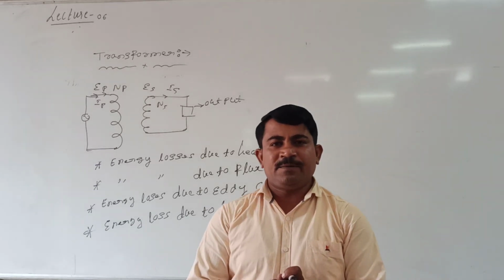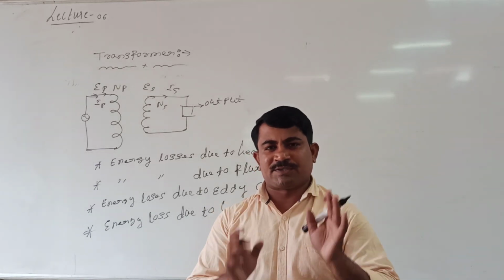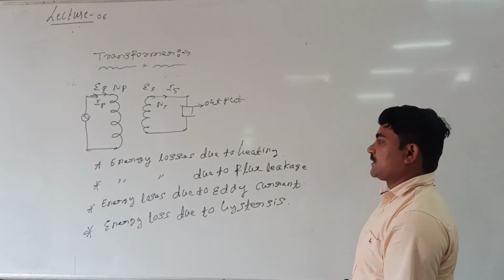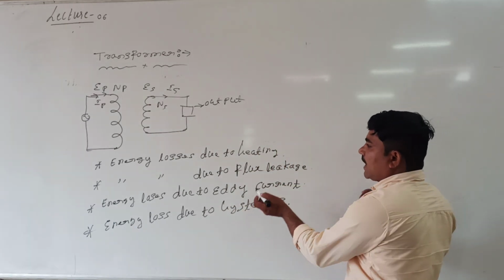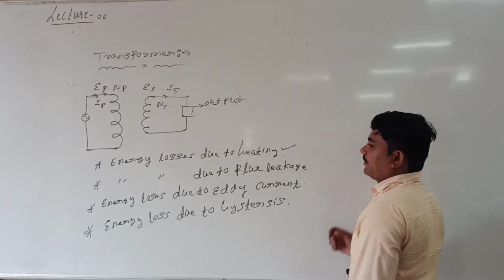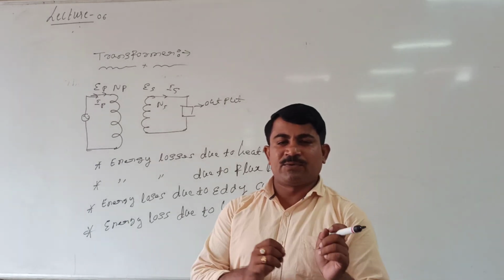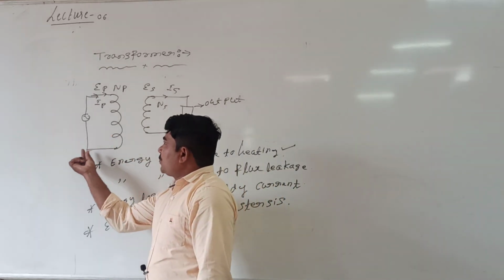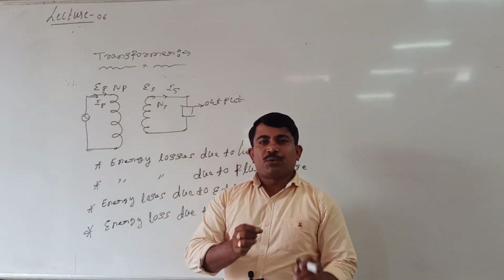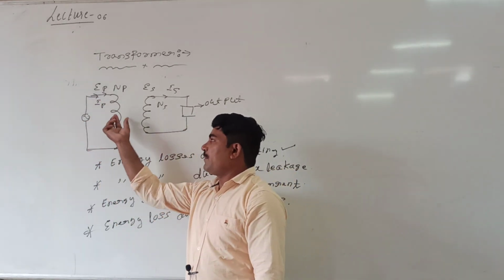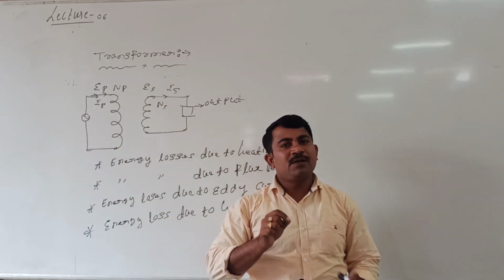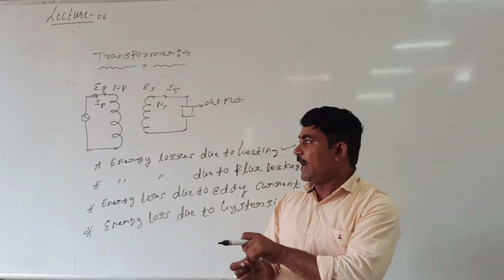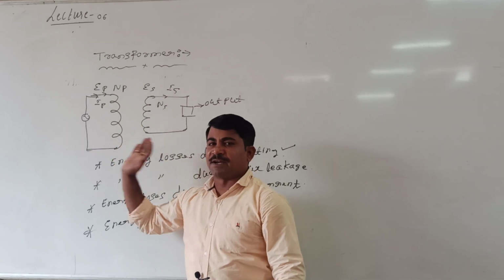In a transformer, energy can be lost due to 4 reasons. I will explain the reasons one by one. First energy loss is energy loss due to heating. How is the energy lost due to heating? Look at me. When alternating voltage is applied to the primary coil, due to some resistance of the primary coil, some amount of heat is generated.